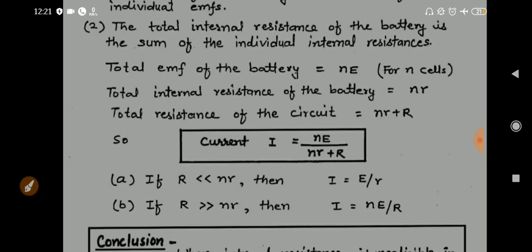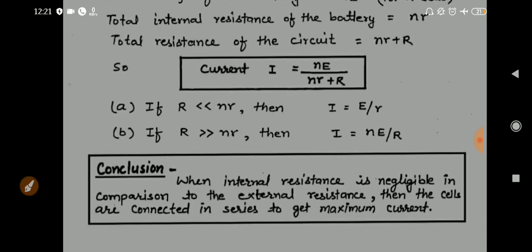There are 2 cases in this combination. First, if external resistance R is very much less than total internal resistance, then in this condition we can neglect external resistance capital R and we get I is equal to NE by Nr, and we get I is equal to E by r.